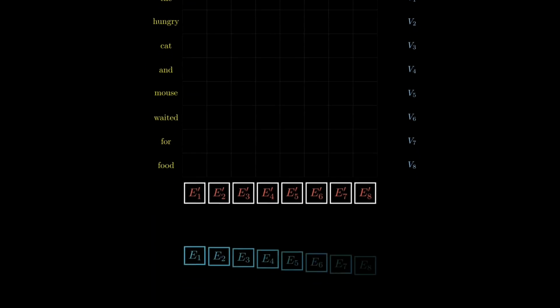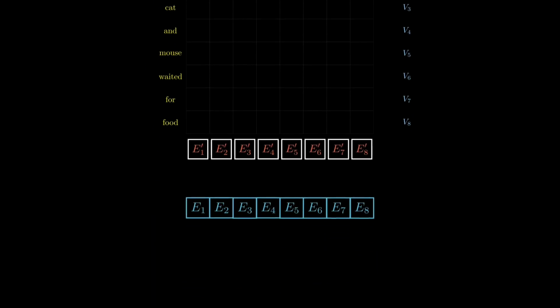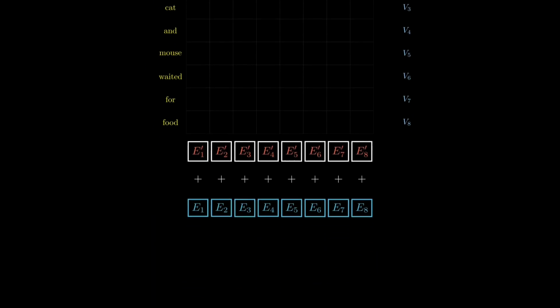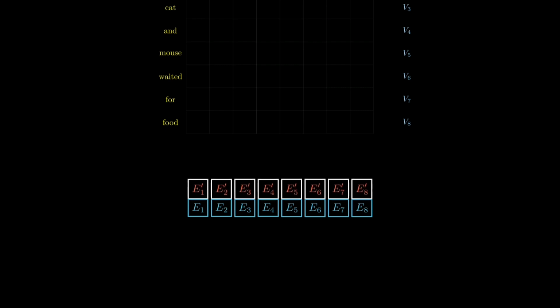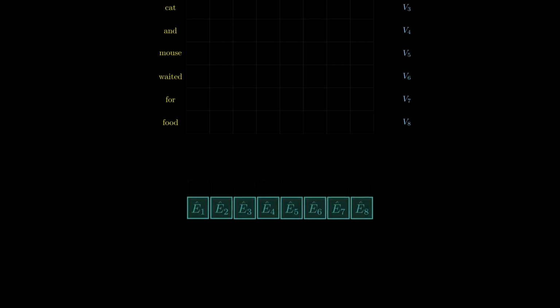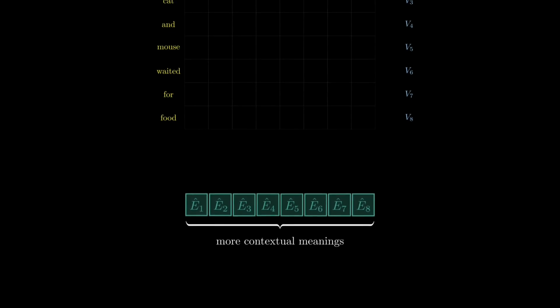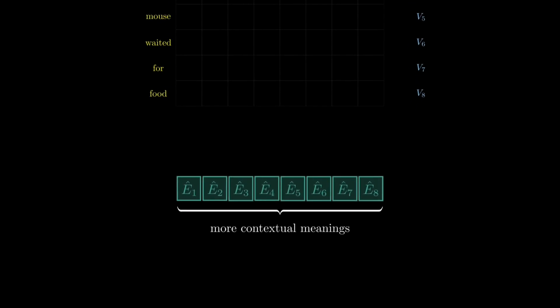And to make these embeddings even more meaningfully contextual, we add these refined embeddings back to the original embeddings. This new connection helps preserve the original meaning while blending in the newly gathered contextual meaning, a very important idea for the later steps in the model.